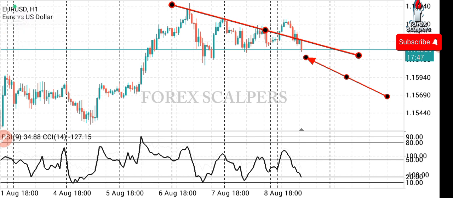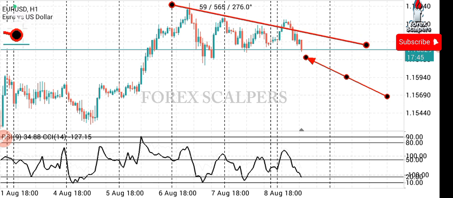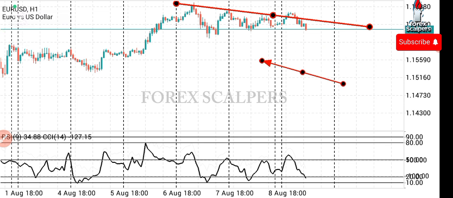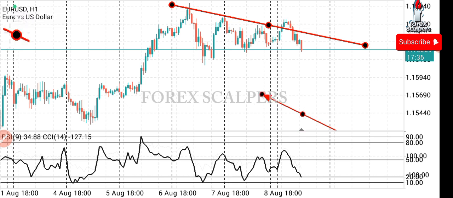So just as you are seeing now is what most of the time you come across. You come across a situation where you see price break through the trend line and again price moving in that direction. So how do we handle this situation? Let's look at more on how we can trade our trend line trading strategy.